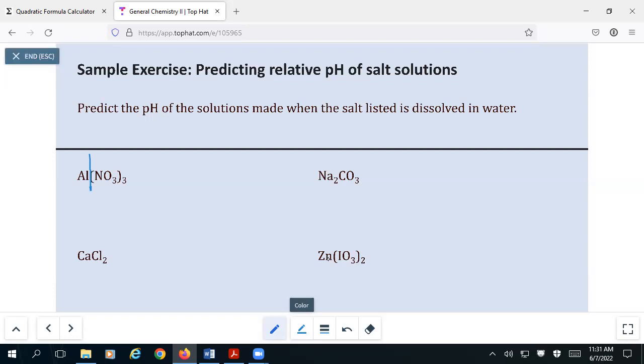If I do that, I end up with aluminum, as a base, would be aluminum hydroxide. Nitrate ion would come from nitric acid.